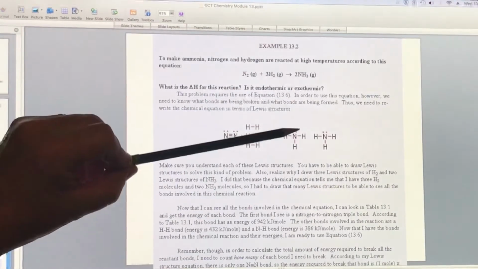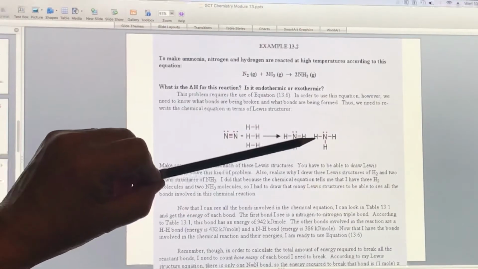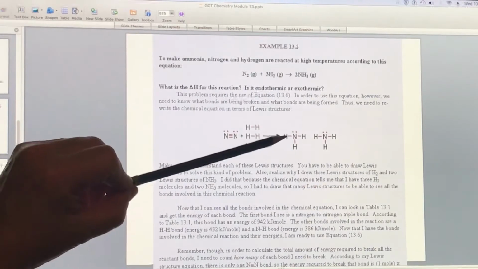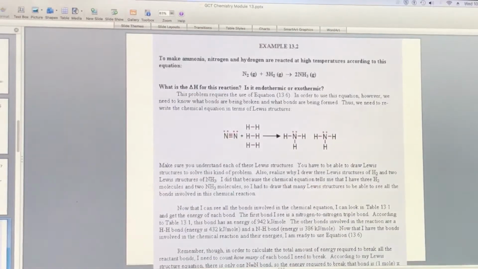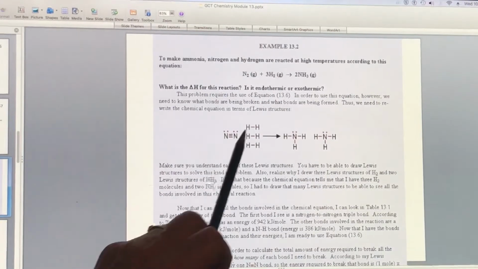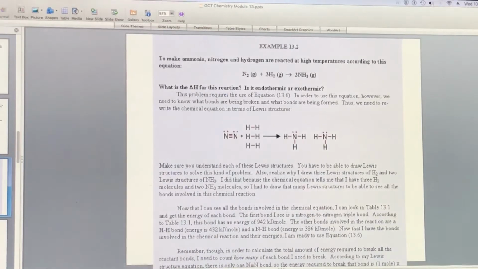And then our products here are each NH3. There are 2 molecules of ammonia. So now we're going to use this information to calculate our delta H.